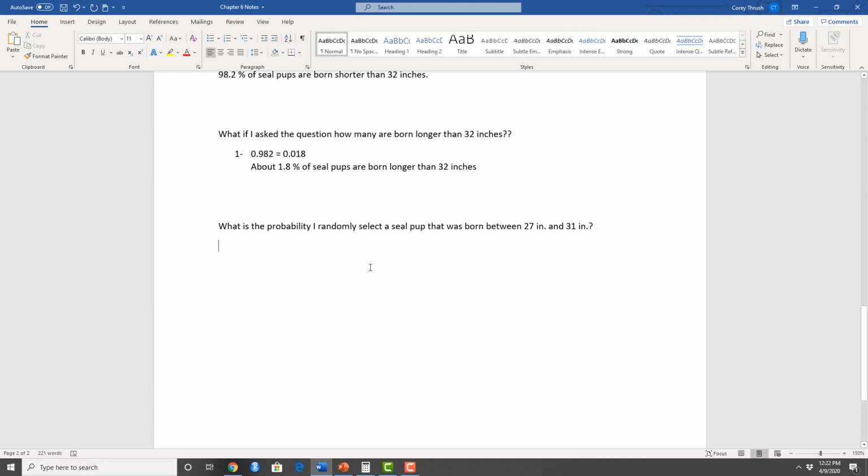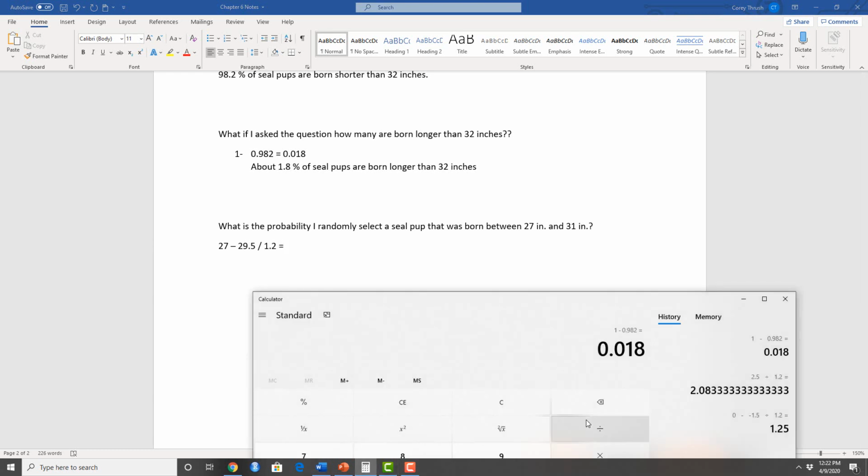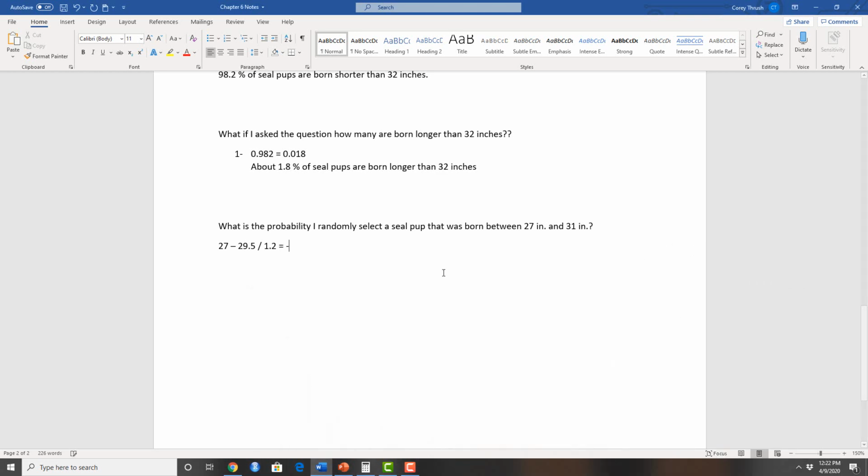I'll find the z-scores and then I'll draw it in Paint. So we know the formula, x minus mu divided by sigma, with mu 29.5 and sigma 1.2, and so negative 2.5 on the top divided by 1.2.